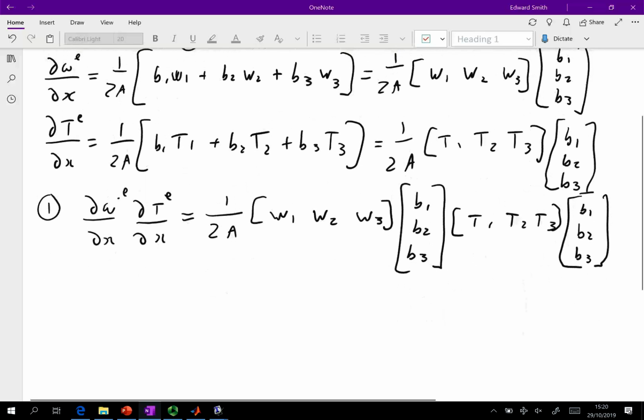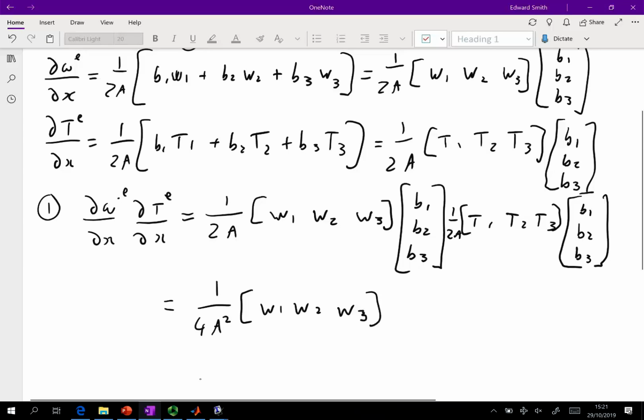Okay, so we just literally substitute in the expressions for these two. We needed another 1 over 2a here. Okay, so that gives us 1 over 4a squared times w1, w2, w3.